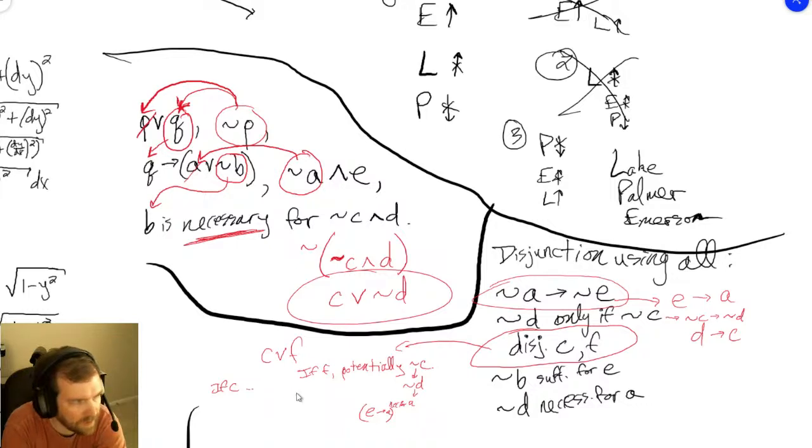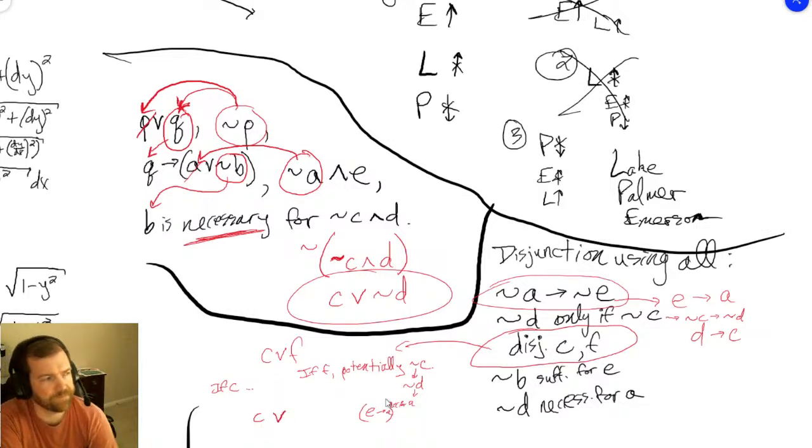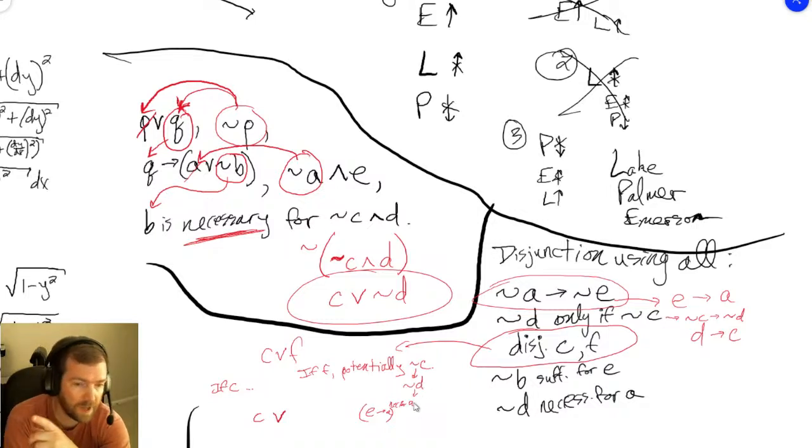So what I'm getting here is essentially we've got C or, if it is F, then again it potentially can be not C, which implies not D, which implies that it could be A provided that E is also there.